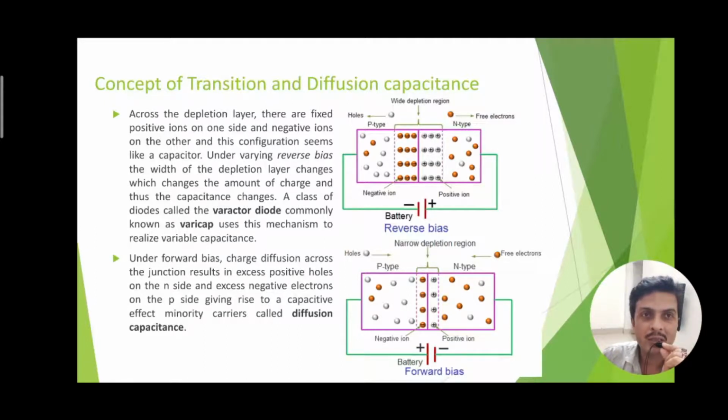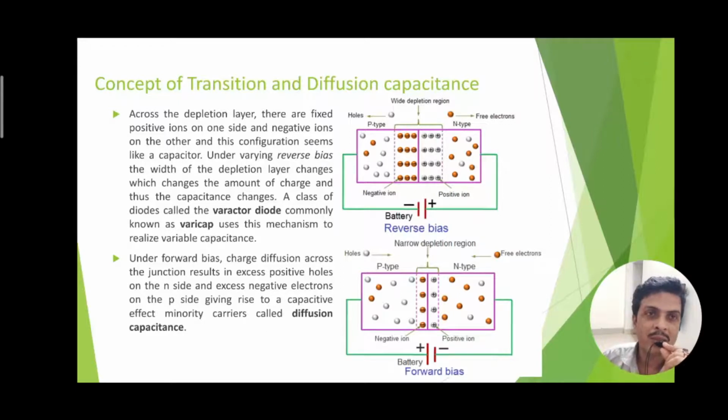Now under this condition, the holes are attracted to the negative terminal. That means holes are leaving the acceptor ions uncovered at the depletion region, so the width of the depletion region is increasing. Similarly, more and more electrons are leaving the depletion region and are attracted towards the positive terminal.